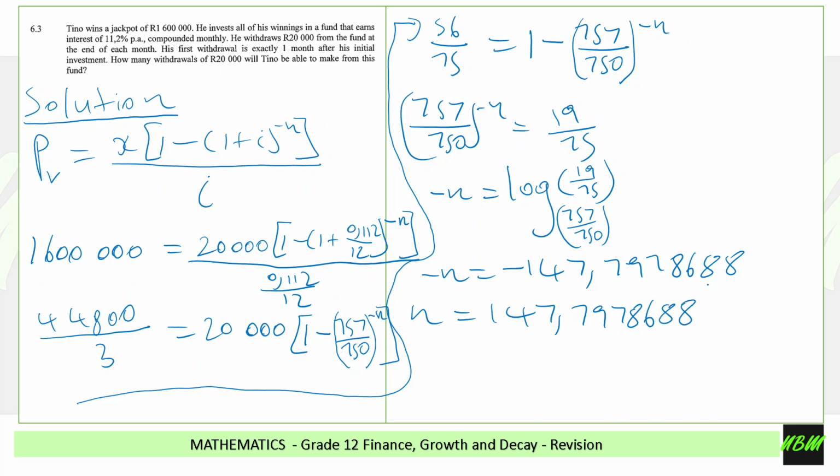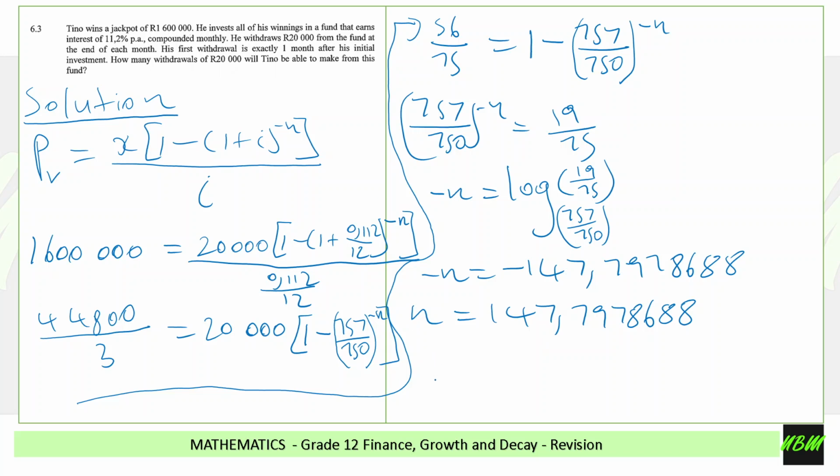N, which is what? The number of withdrawals, right? So the question is, how many withdrawals of 20,000 rands will Tino be able to make from his fund? So n, which is equal to 147.7978688, is the number of withdrawals. Then the decimal here tells us that there is going to be a last withdrawal which is less than 20,000 rands.